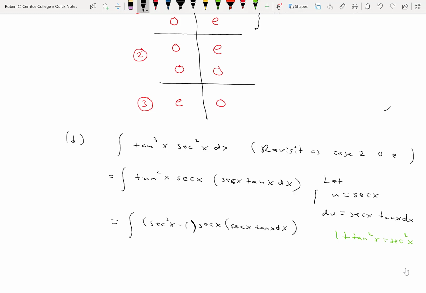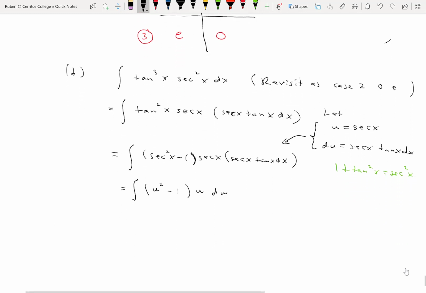Then make the substitution. It works out beautifully. We get u squared minus 1, secant is u, so times u, and secant tangent is du. Simple power. A lot of these reduce to just powers. It's kind of nice. These powers are so simple to integrate.